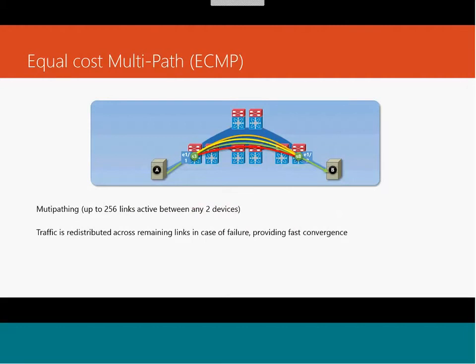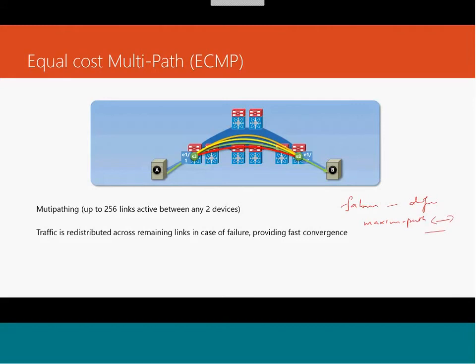ECMP. Now, ECMP is again taken care of by the control plane, ISIS, right? The maximum number it supports is up to 256 links within the topology, between the two edge devices. Note that you still have control over the maximum number of multipathing that you need to do. What you can do is go to Fabricpath domain default, and you can set the maximum paths to the number that you want to have within the topology, right?